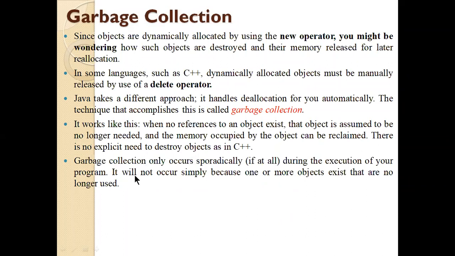During the execution of a program, it will not occur simply because one or more objects exist that are no longer used. It is not that because they are not used, garbage collection will occur immediately. Once in a while it occurs. The algorithm for garbage collection keeps on varying for each of the different Java runtime systems.